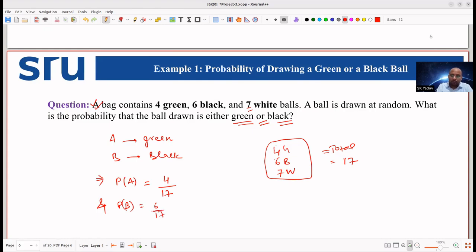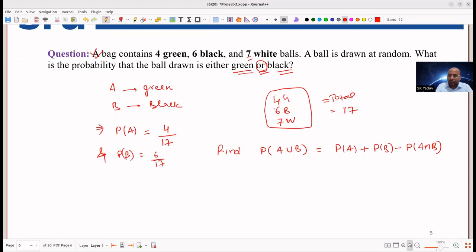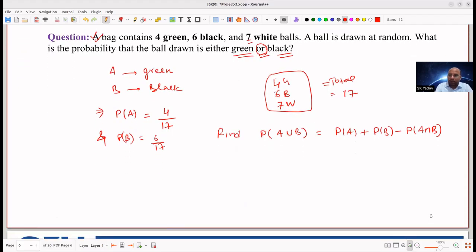What you have to find out? Find P of A union B, because the word "or" is used. So we write P of A plus P of B minus P of A intersection B. But here the intersection is 0, because A and B are mutually exclusive. That means if the ball is green, it cannot be black.